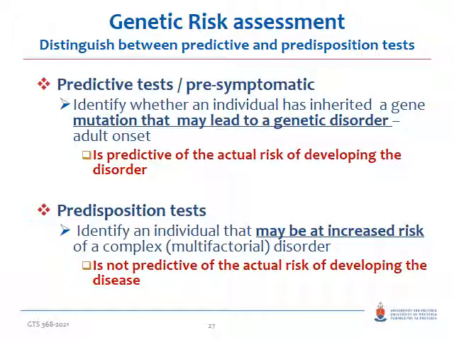To recap, in predictive testing, there is an actual risk of developing the disorder. In Huntington's disease, the risk before testing, if a person has an affected parent, is 50%, but after a positive test result, it is 100%. In predisposition testing, the risk may be 5 or 10%, depending on which literature you read.